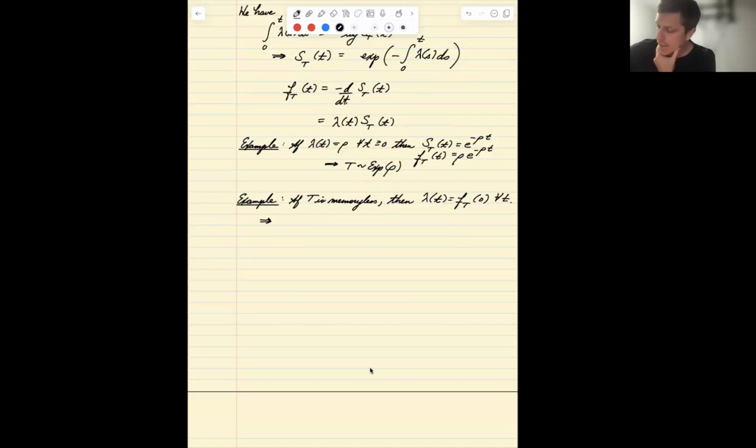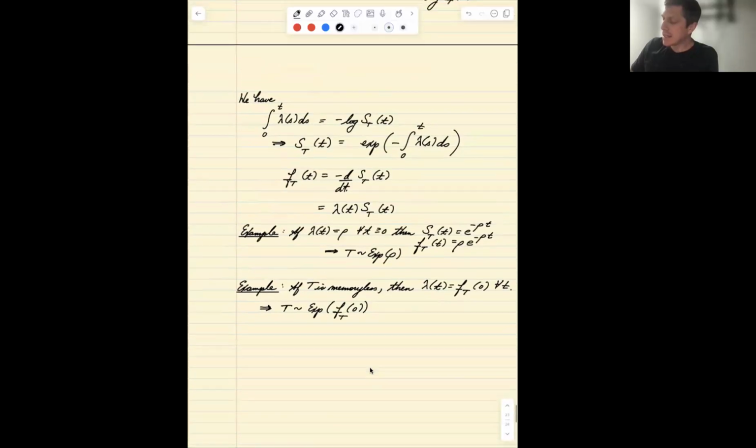But this means that T is going to be exponential with parameter lambda equal to the value of the density at time 0, and that's exactly what the exponential density is.